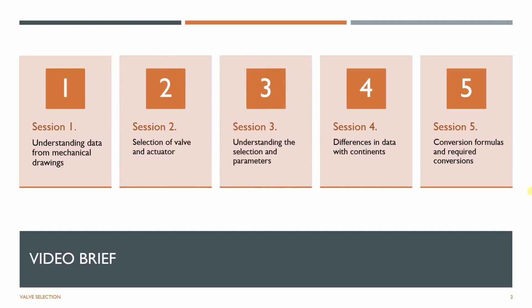Session 3 would be understanding the selections and the parameters you have selected, what the critical parameters are while selecting, and how that impacts your selection and the job itself.